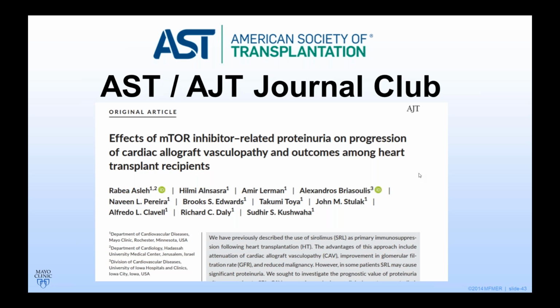Excellent. Thank you. We have a question. I think the audience member is asking, why wasn't proteinuria progression assessed sooner than 1 year? I think that's referring to your methods in the paper.